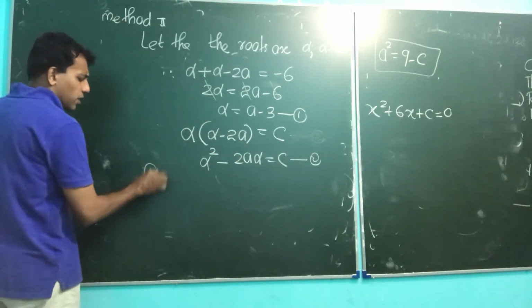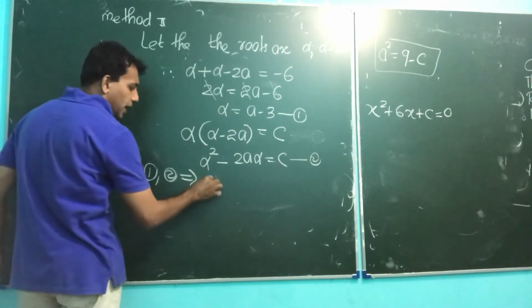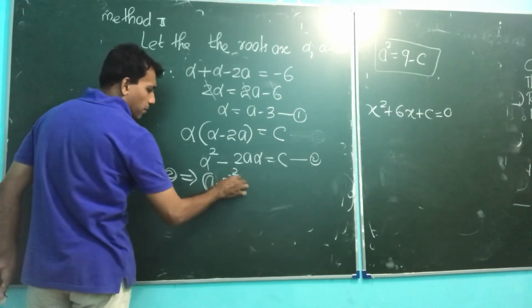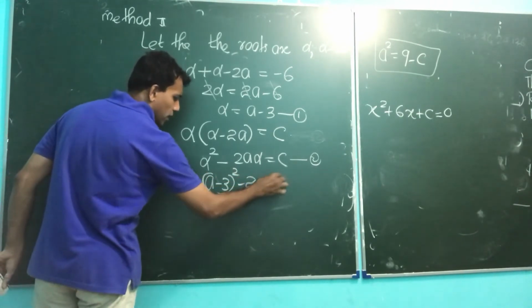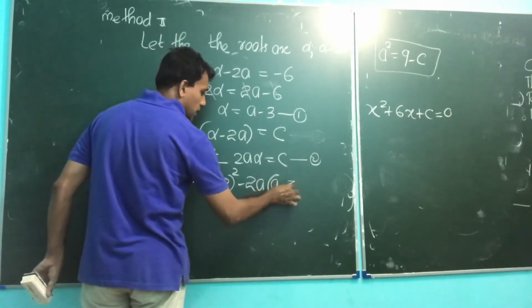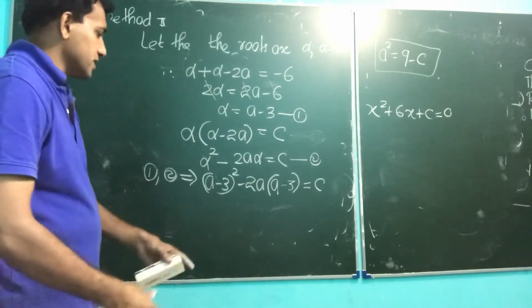So 1 and 2 give you alpha for A minus 3 square minus 2A alpha for A minus 3 equal to C. Now you can get the answer.